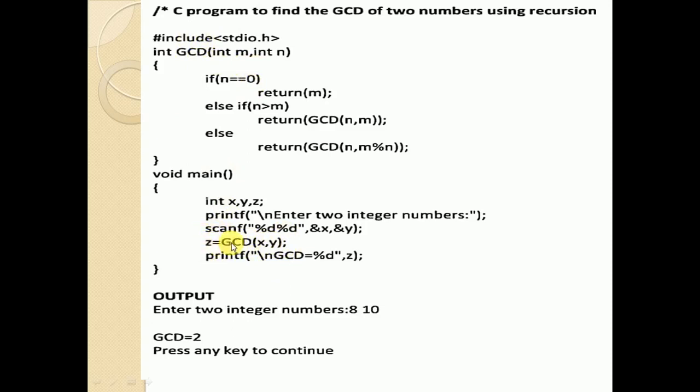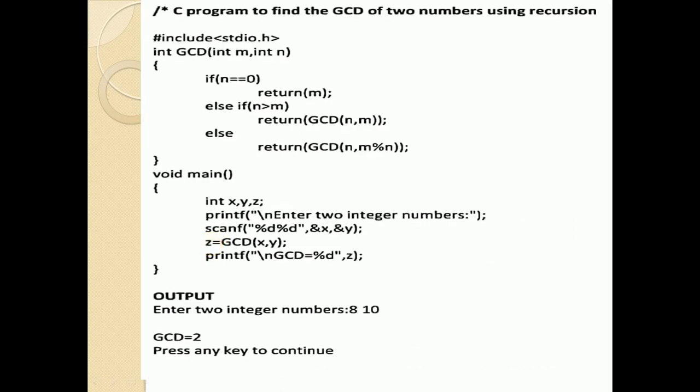Lastly, they print the value of the GCD stored in z.